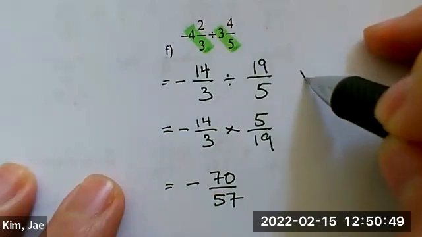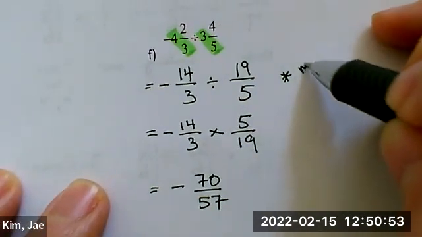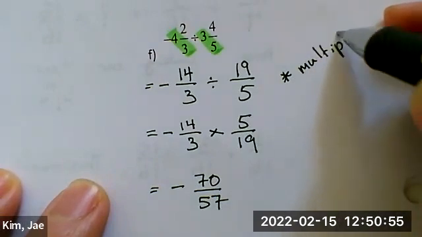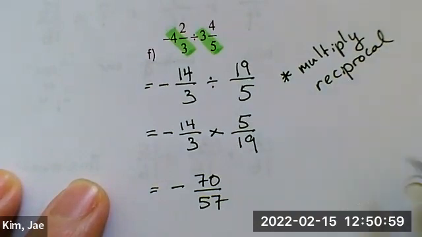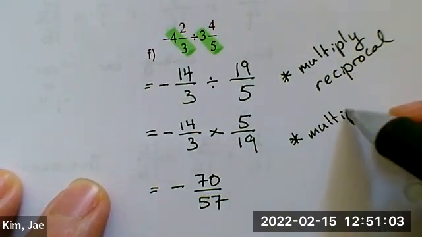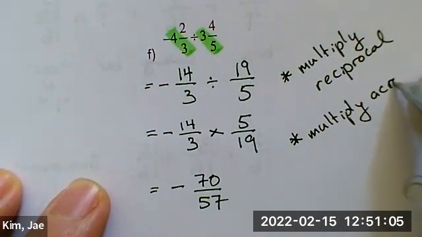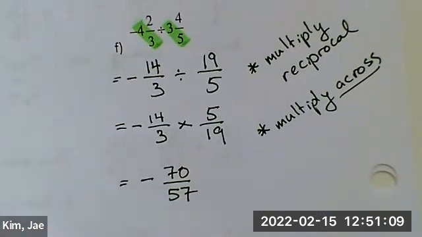Okay, so I'll write here. How about I write multiply reciprocal. And then here, I'll just say multiply across as an extra hint. Yes, Evan.